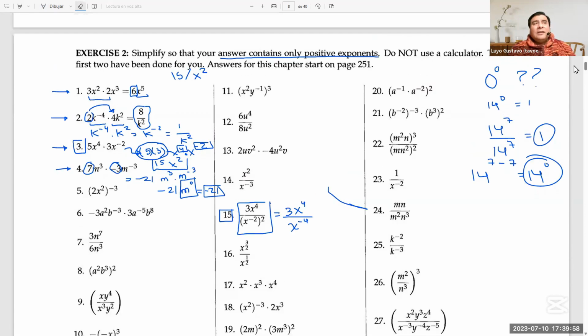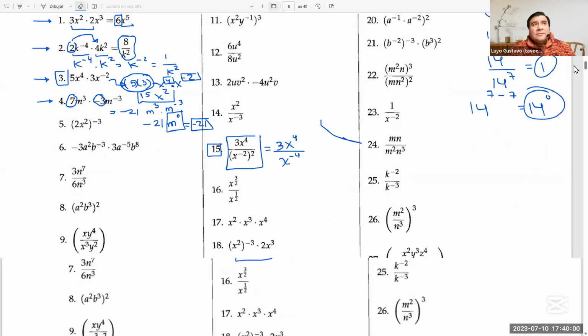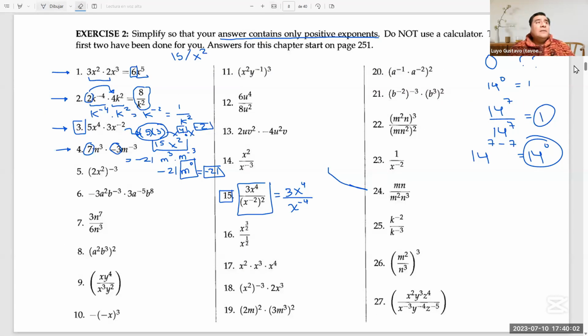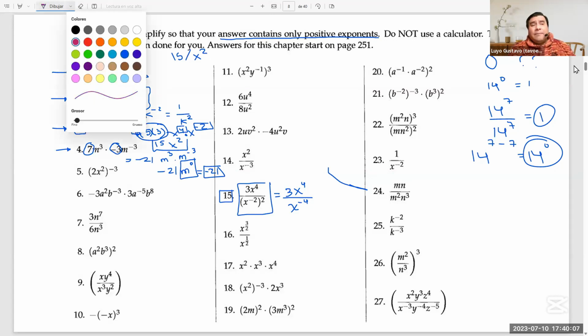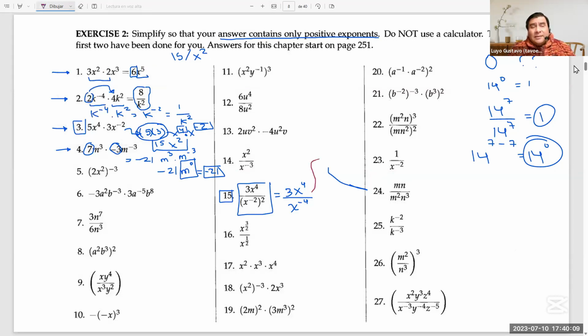But then we said that there are two possible ways to interpret this. For example, you might say that x up to -4, since it is in the denominator, you could take it up to the numerator by changing the sign of the exponent.